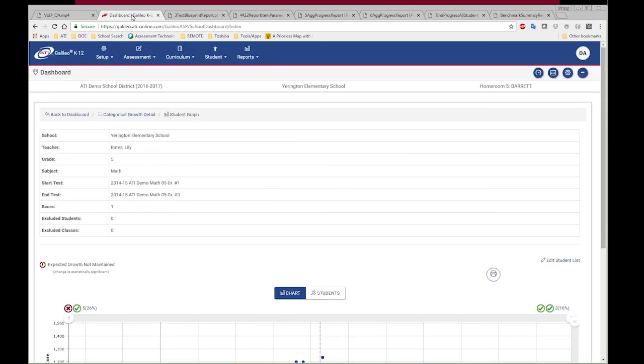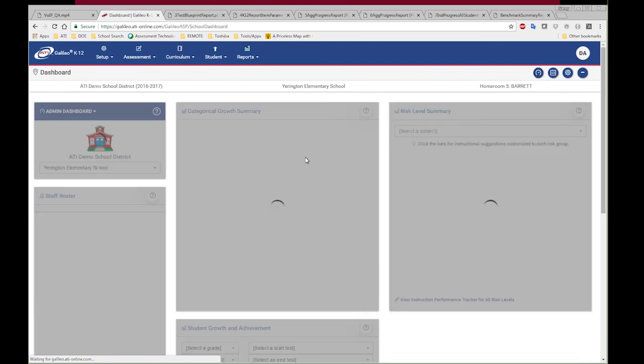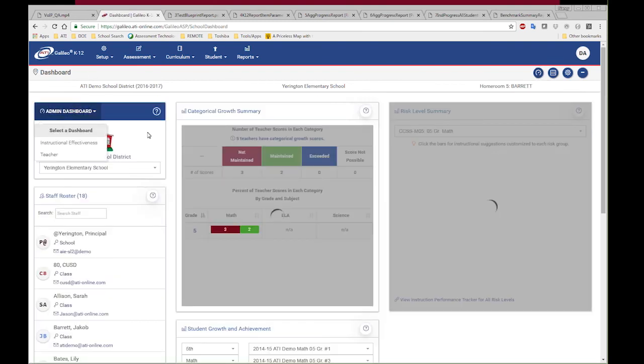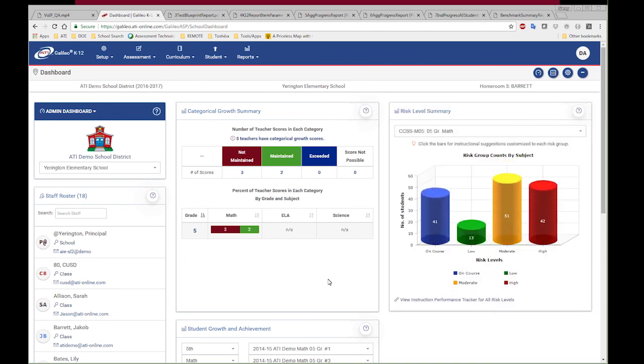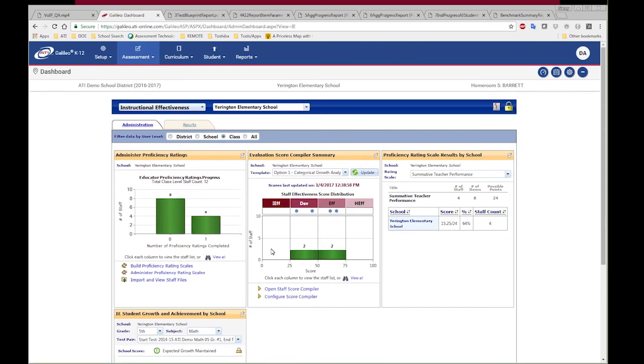And if I go back to that dashboard, you can see I'm on the admin dashboard. This is what we used to call our school performance. You would see all the grades, all the subjects that you're using in teaching. In addition, we can move to the instructional effectiveness dashboard, which is where you take this student growth, categorical growth, and any other elements you're using in your educator evaluation programs, such as parent surveys, student surveys, classroom observations.